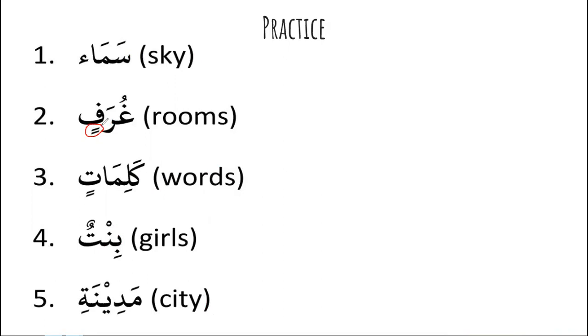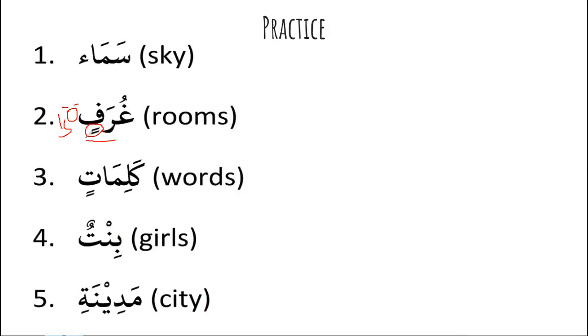Ghurafin. Masculine? No. Why? That's not Ta Marbuta. Yes. So we have to look at whether it's feminine or not. For feminine, the first one has to be biologically feminine. That is not biologically feminine, right? Okay. The second category is Ta Marbuta. There is no Ta Marbuta here. The category is also Alif Maksura or Alif Mamduda. There is nothing like that. So it is not from those categories. So the third category is broken plural.